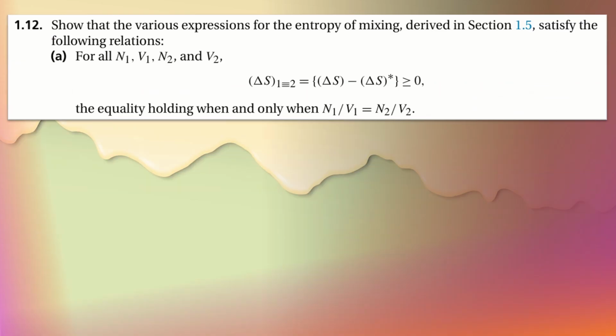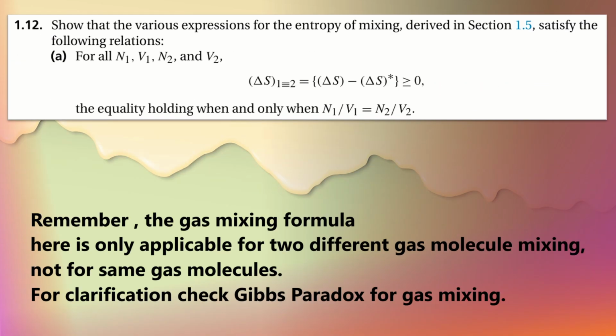So today I will solve problem 1.12. Let's read the problem first. Show that the various expressions for the entropy of mixing derived in section 1.5 satisfy the following relation: for all N1, V1, N2 and V2, the entropy of gas mixing is greater than or equal to 0, the equality holding when and only when N1 by V1 equals N2 by V2.